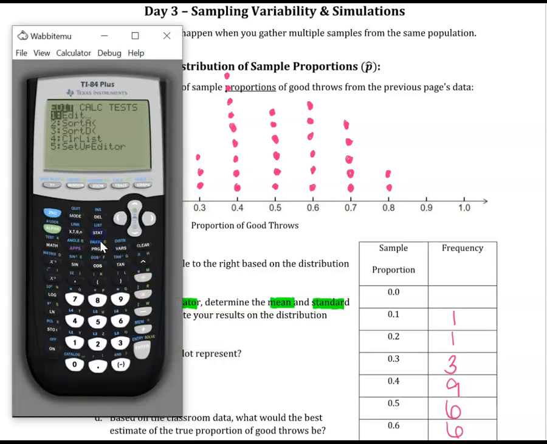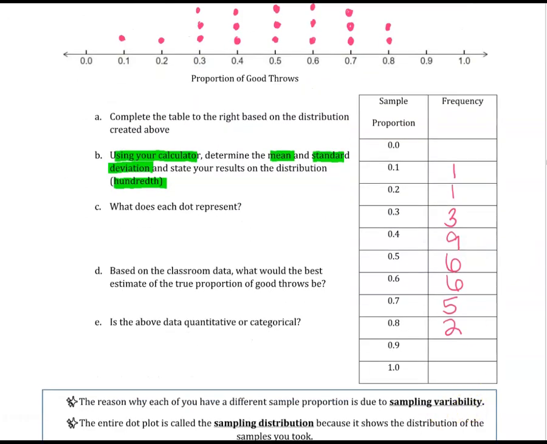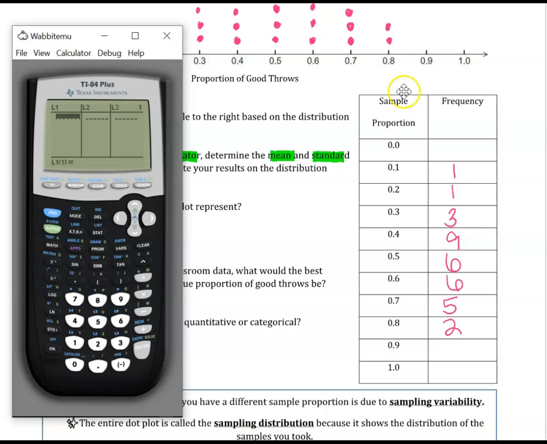Okay, so this is where I hit Stat, Edit, and I'm going to clear out any old data. Okay, so left is L1, right is L2. So I got a 0.1, 0.2, 0.3, 0.4, 0.5, 0.6, 0.7, and 0.8.